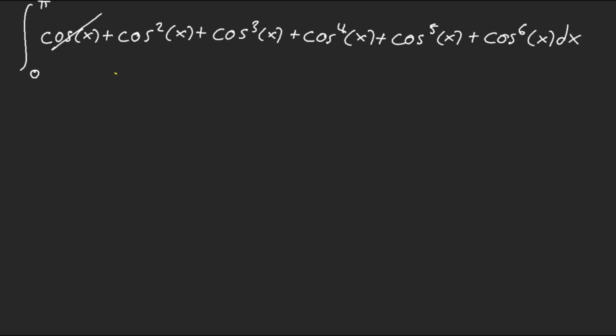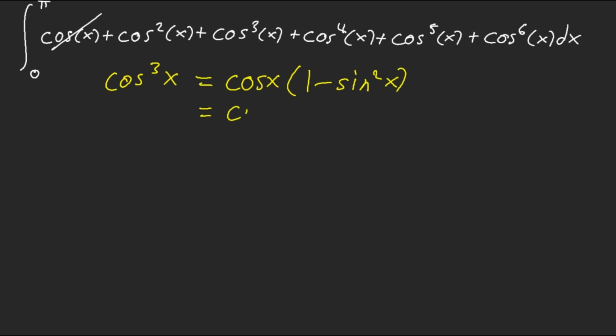Notice that if we have an odd number power here, this is the same thing as cosine of x times 1 minus sine squared, right? And notice that here, this is also going to be what? Cosine of x. I'm sorry. Let me rewrite it this way.